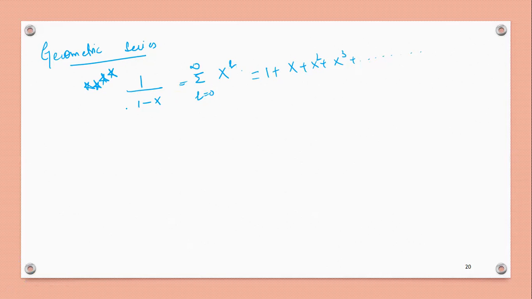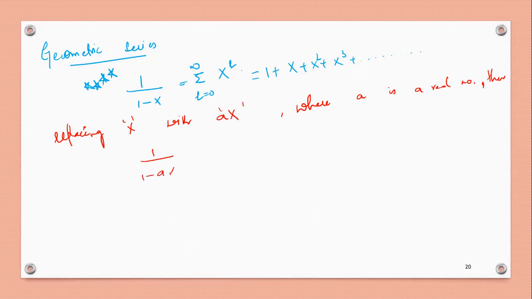Now, in this formula, if I replace x with ax, where a is a real number, then 1 by 1 minus ax is equal to sigma r is equal to 0 to infinity a power r x power r.